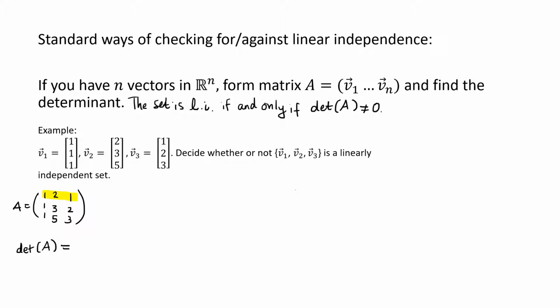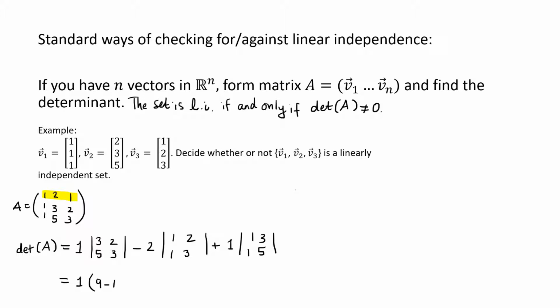Okay, so we have 1 times the determinant of 3, 2, 5, 3, minus 2 times the determinant of 1, 2, 1, 3, plus 1 times the determinant of 1, 3, 1, 5. So we get 1 times 9 minus 10, minus 2 times 3 minus 2, plus 1 times 5 minus 3.